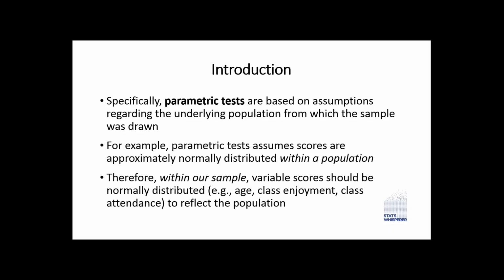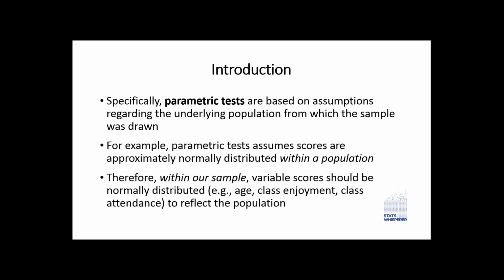Specifically, parametric tests are based on assumptions regarding the underlying population from where the data are drawn. To put that in practical terms, for example, parametric tests assume that within a population, continuous scores are normally distributed.